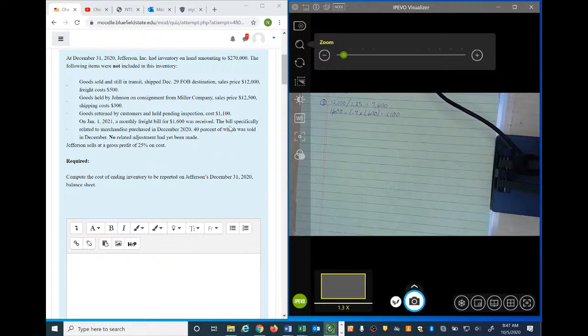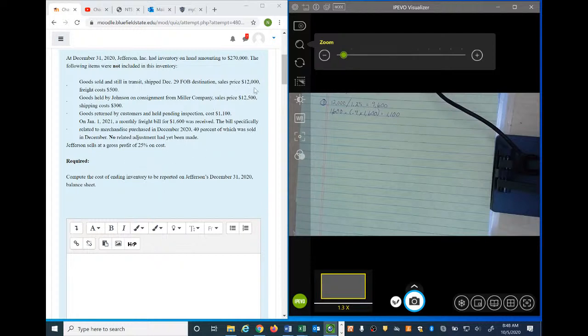So once again, we'll run through it one more time to make sure we're good on this one, and then we'll wrap the day up. So once again, we had 270 on hand, right? None of these items were included. The first one we want to include because it was shipped FOB destination. It's still ours, but it was included at a sales price, so there we just take it back out to 25%.